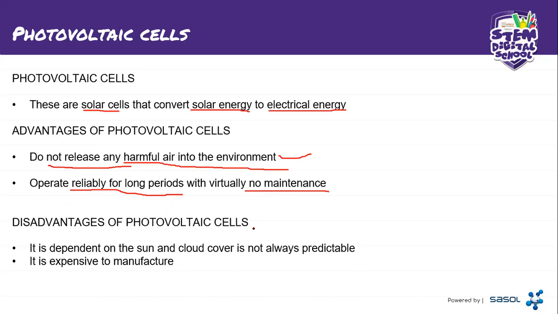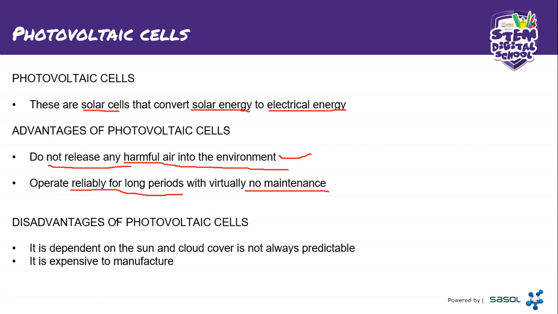So they can work for years without any maintenance being required. So they are reliable, in that they can operate for long periods. And then what are the disadvantages of the photovoltaic cells? So what are the negative impacts?